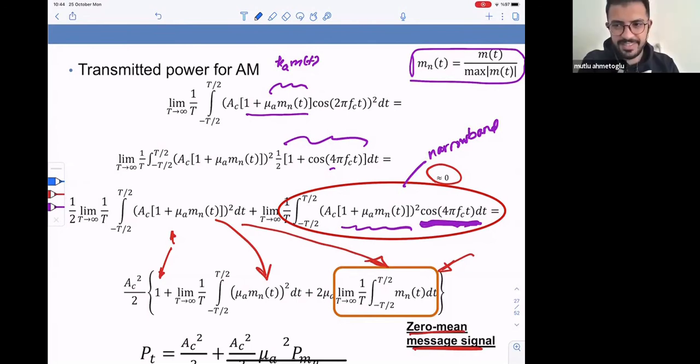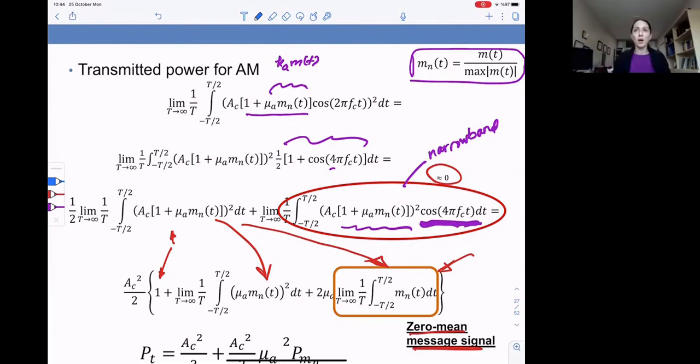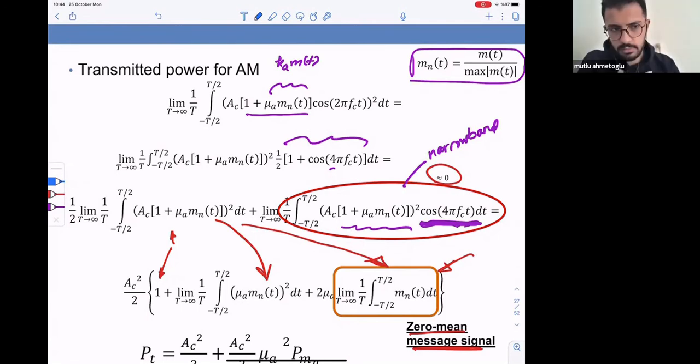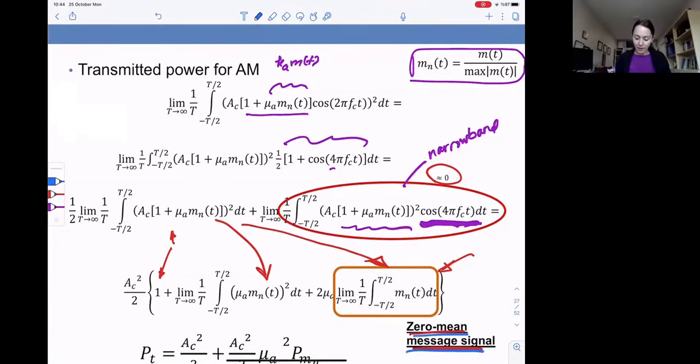Why would you spend your power to transmit a DC? So this is, in fact, a good assumption in general, that the message is 0 mean. So that takes care of this term. This is 0 then.